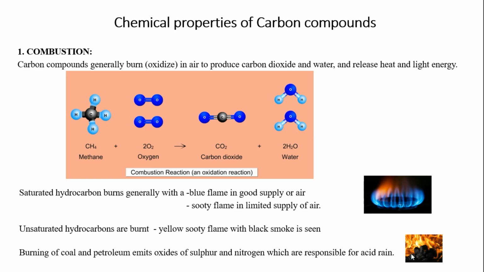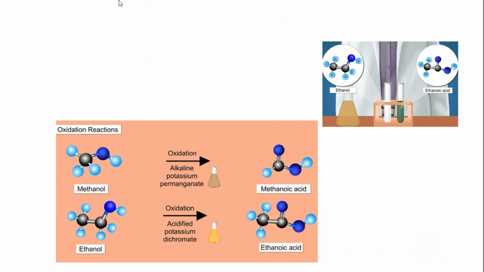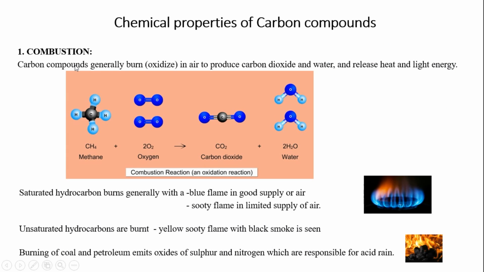So carbon compounds generally burn, or in other terms we say they are oxidized, because they are burning in the presence of oxygen. So carbon compounds generally burn in air to produce carbon dioxide and water and release heat and light energy.